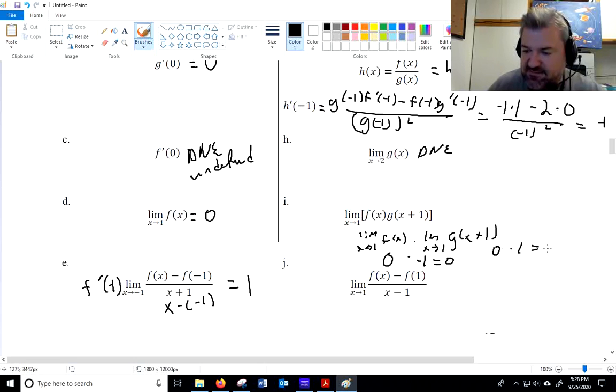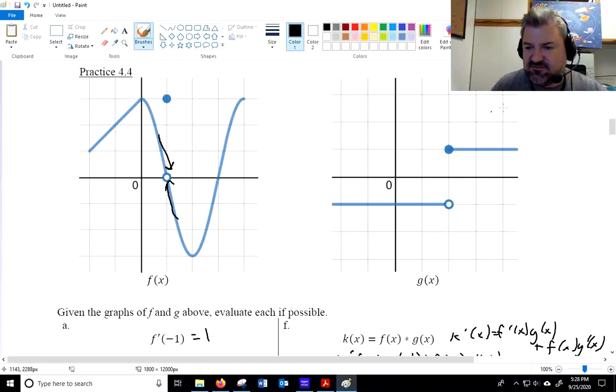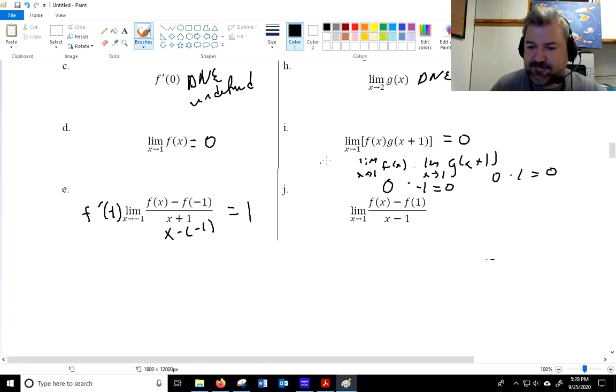But what is that? That is also 0. So believe it or not, this limit actually exists. It exists in this situation, even though this one doesn't. Because we're multiplying these two together, we have to conclude that the limit from the left is 0 and the limit from the right is 0. This is 0 times negative 1 from the left, 0 times positive 1 from the right, but that's still 0.